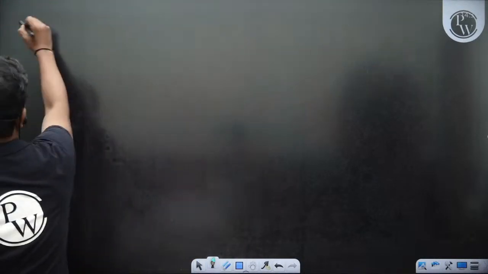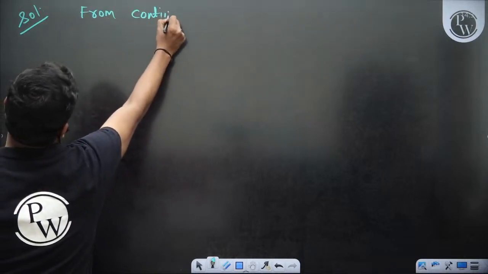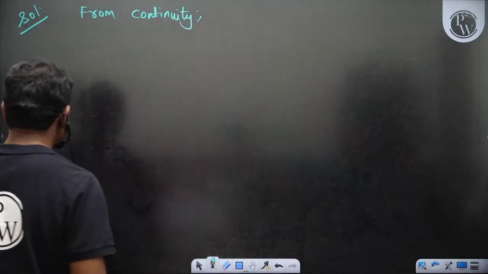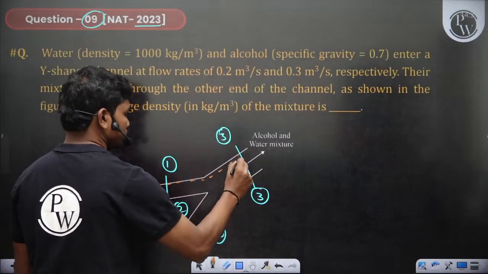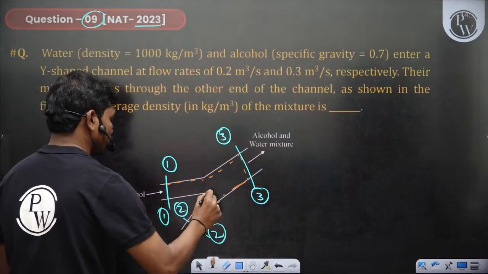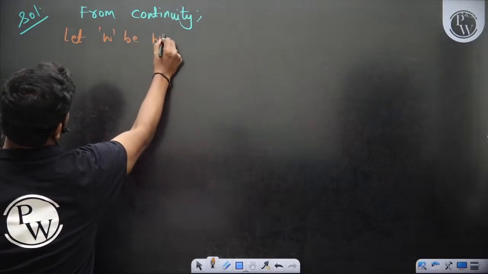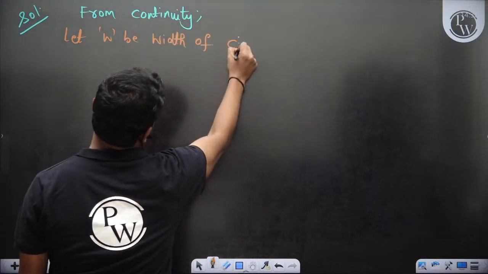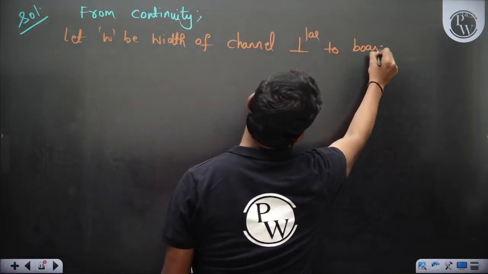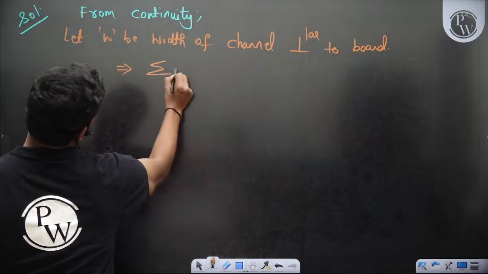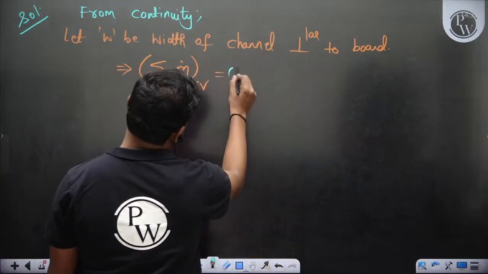So if you solve from continuity, then if you take this control volume, for example, let W be the width of the channel perpendicular to the board. So this implies summation m dot for the control volume should be 0 at steady state.